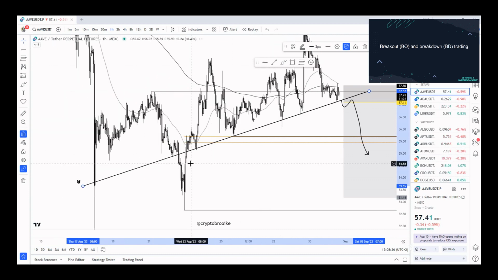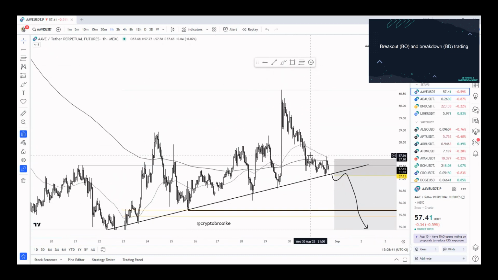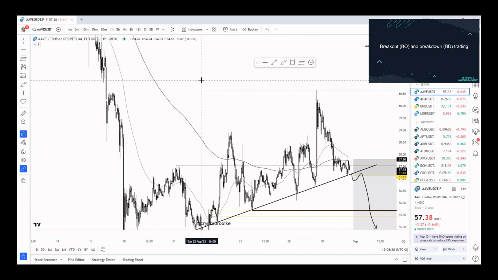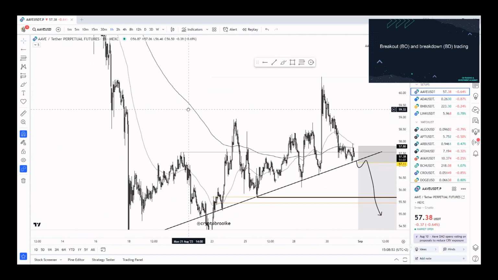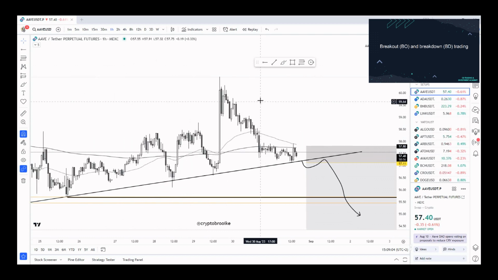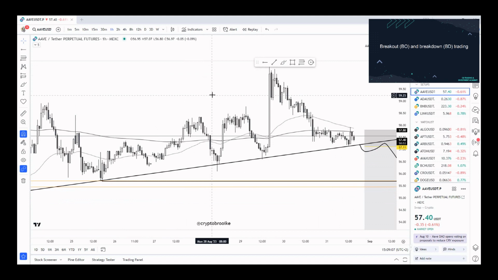What also can happen in this case is deviation. We have the fake out candle, and you also have a deviation. Deviation just means, and that's why I wait for the second candle to fully close, that there are 2 candles: the first candle closing below, but the second candle going back above or below the trend line. Let's see if I can give you an example. There's no trend line here, but I'm just going to take it as an example.